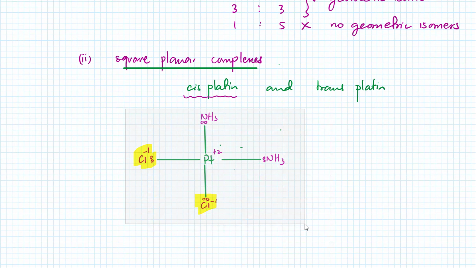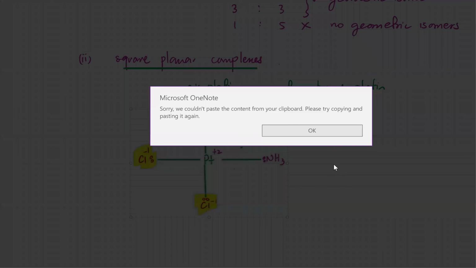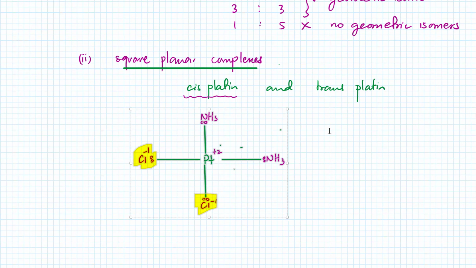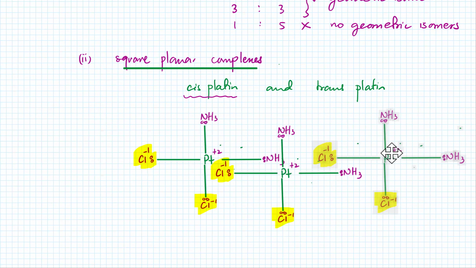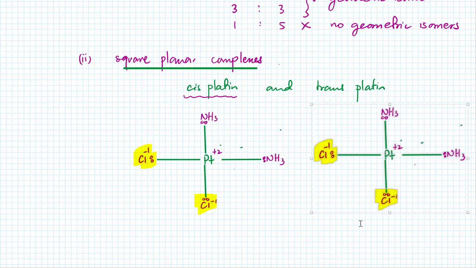It's the same shape. Okay, and since it's got the same shape, the only difference is that the NH3 and the Cl's are opposite to each other. So the Cl is over here and the NH3 is on this side.